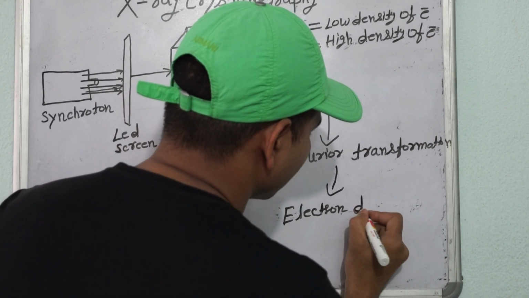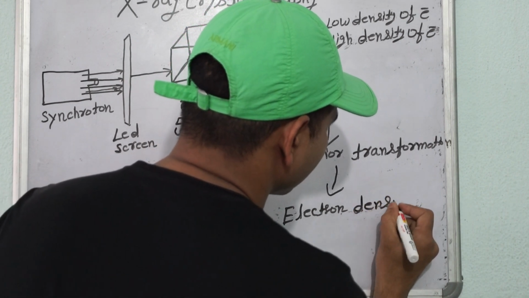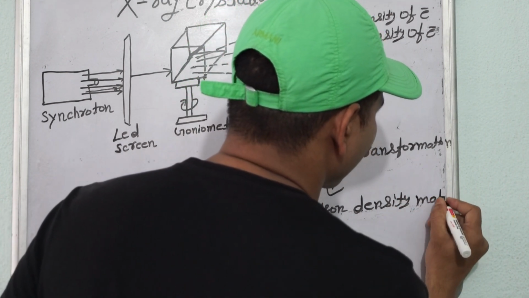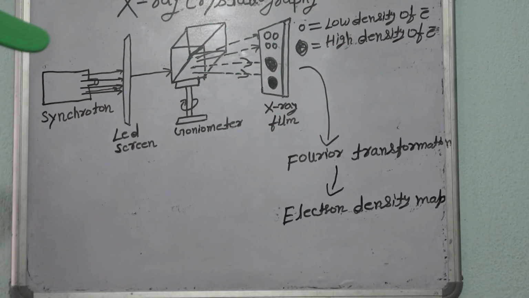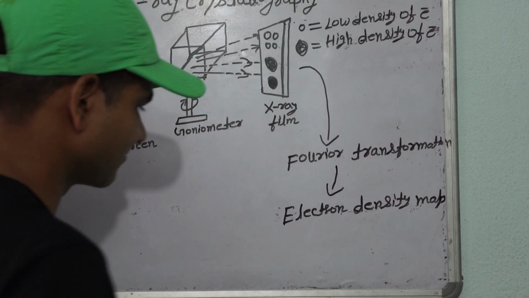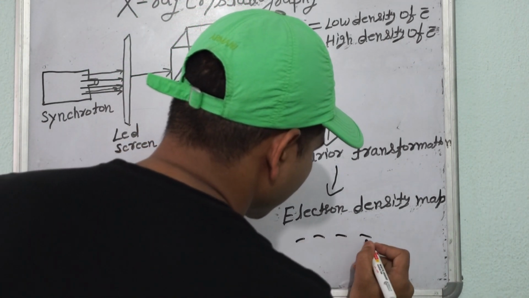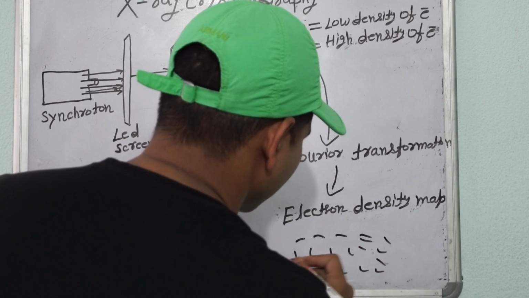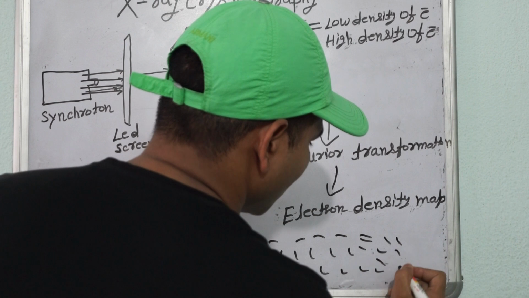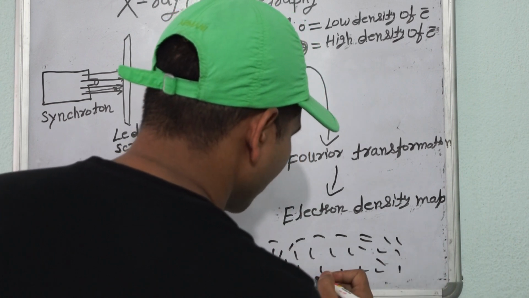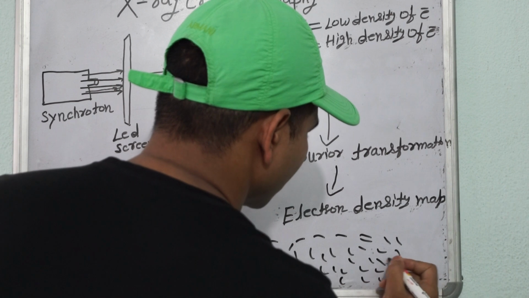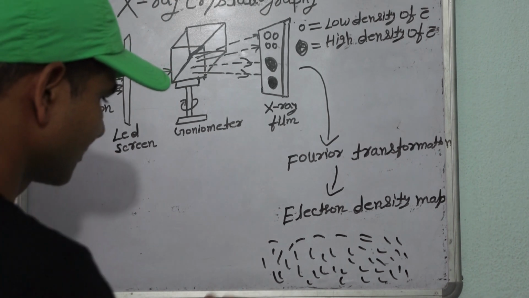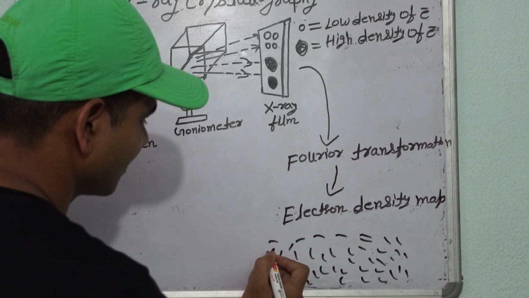Electron density map. If you think about the structure of an electron density map, it looks like this. It is the structure of an electron density map.